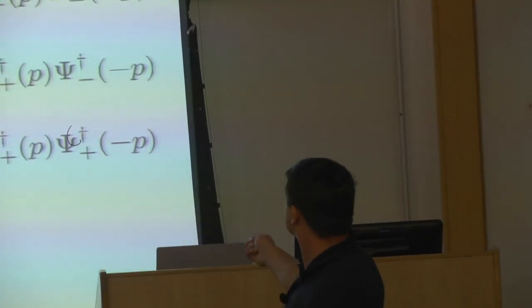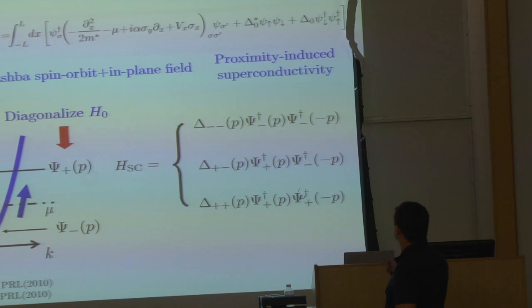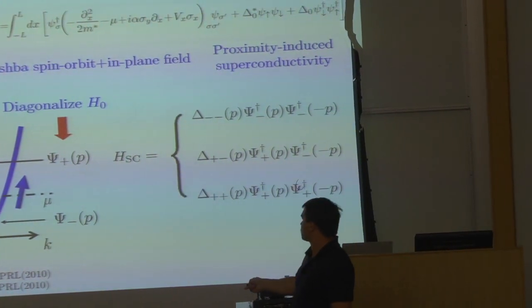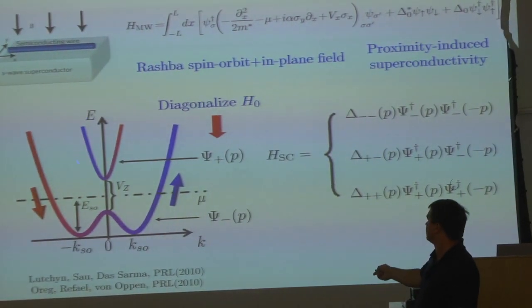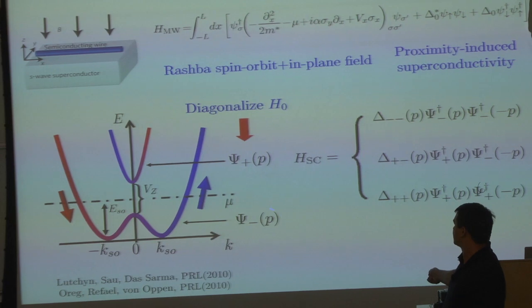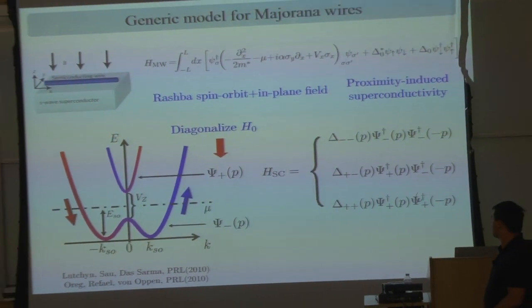And then in this basis of diagonalized states, we can look at what happens with the second term, which is a P wave, which was induced by the S-wave superconductor. One can just project out this excited band, assuming that the chemical potential is in the middle. So we'll just leave psi minus particles in the lower subband.